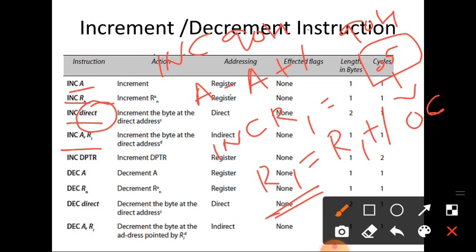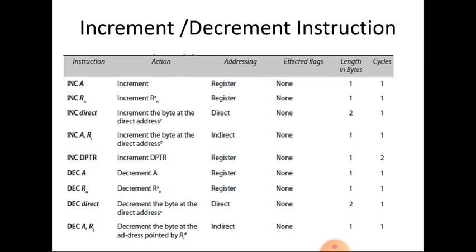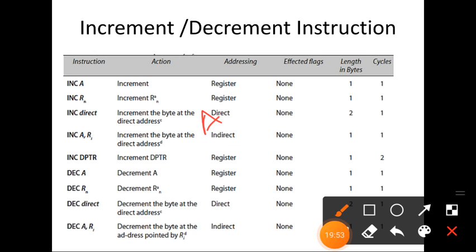Then similarly INC @Ri increments the byte at the address Ri. And INC DPTR, containing 16-bit data, will be incremented by 1. Then next instruction, decrement. DEC A means accumulator content is decremented by 1 and the result will be stored in accumulator.